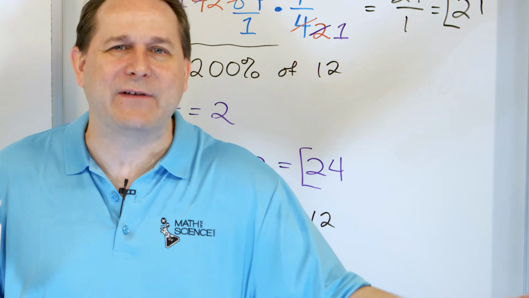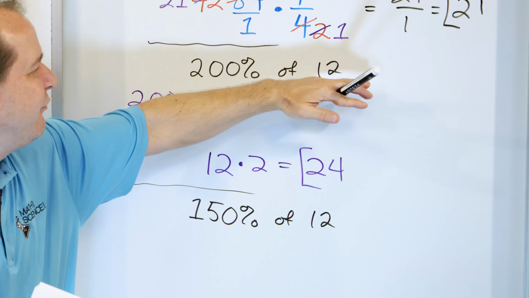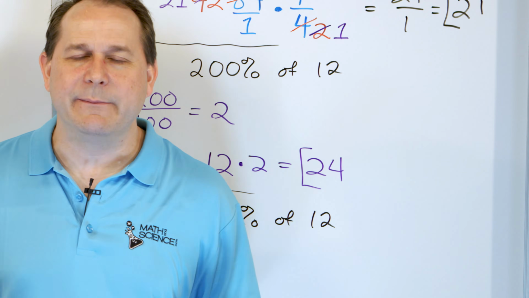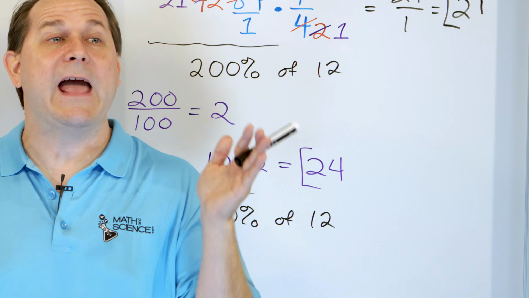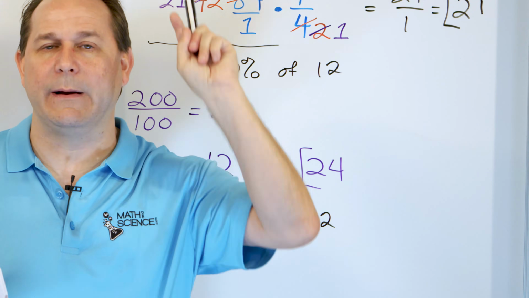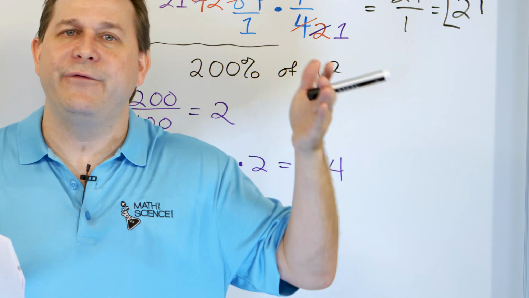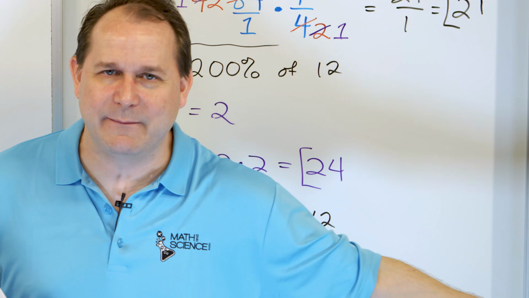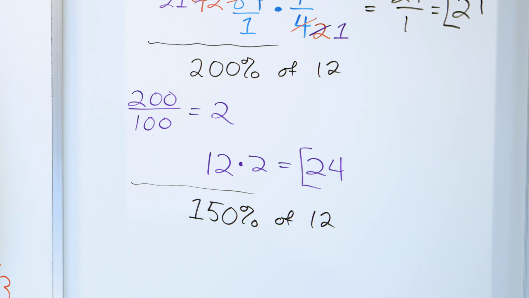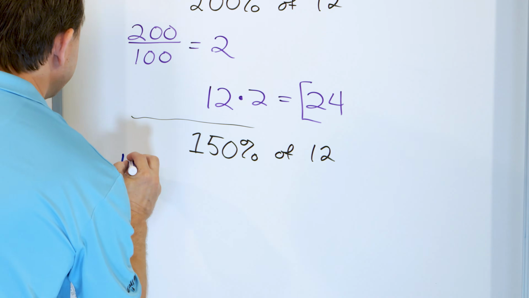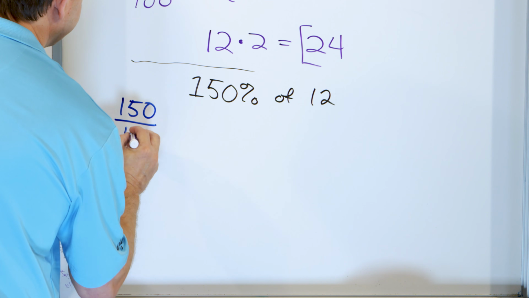100% plus an additional 50%. So it's 1.5 times. So if 200% is 2 times, and 300% is 3 times, and 400% is 4 times, and 100% is 1 times what you start with, then 150% is 1.5 times. Let's see how that works out with math. 150% means 150 out of 100.